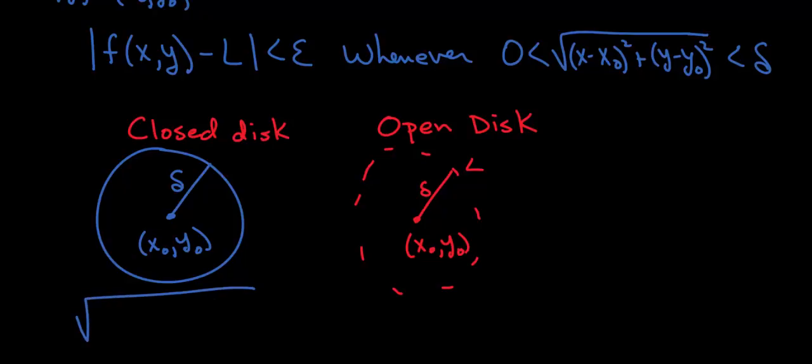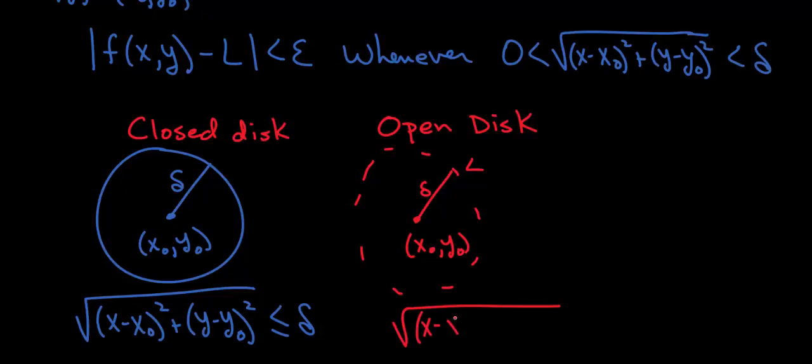This one is going to be the square root of (x - x0)^2 + (y - y0)^2 less than or equal to delta, because it contains that little boundary. Now this one over here is the square root of (x - x0)^2 + (y - y0)^2 less than delta. So you can see a little bit different ways that we would present those. So closed disk, open disk.